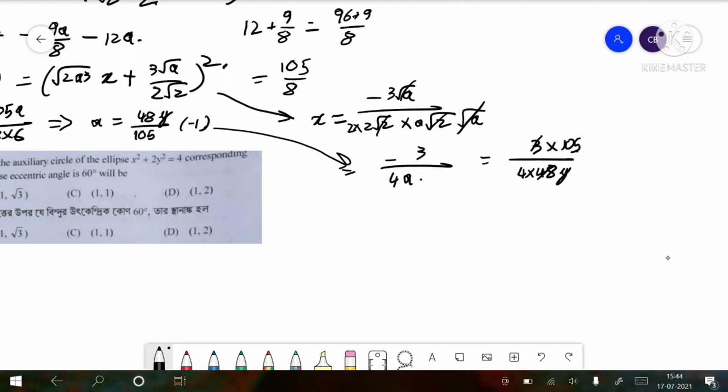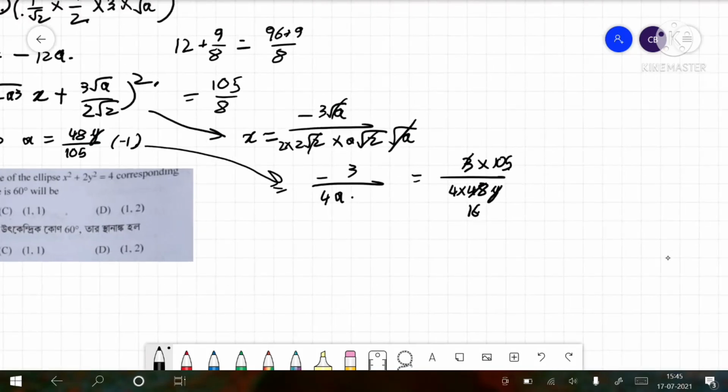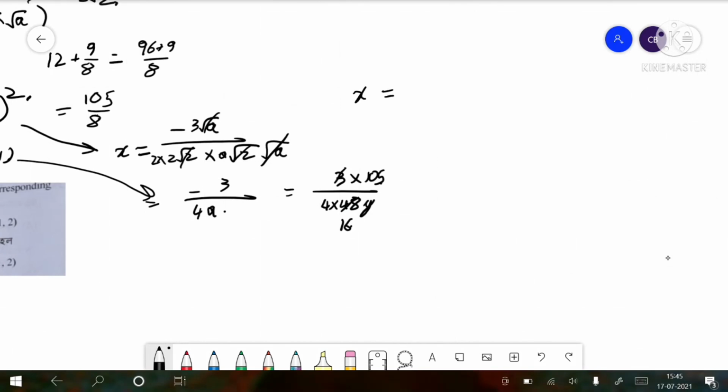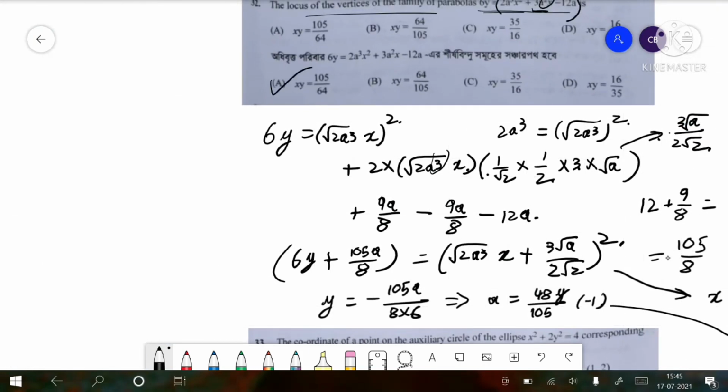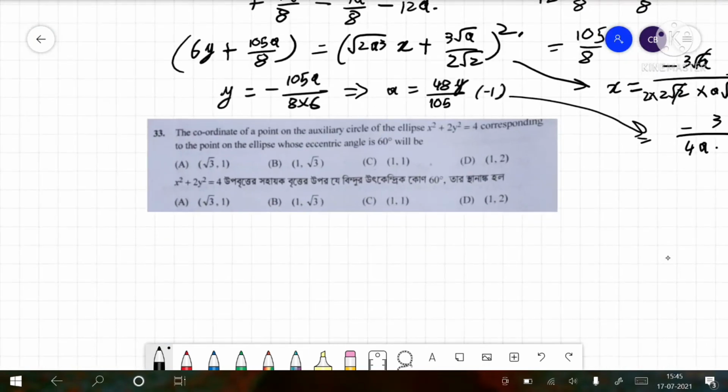Now we can cut out 3 for 48, getting 1 and remaining 16. So this gives us x is equal to 105 by 16 times 4 gives us 64y, therefore xy is equal to 105 by 64. So 105 by 64, A is the answer.